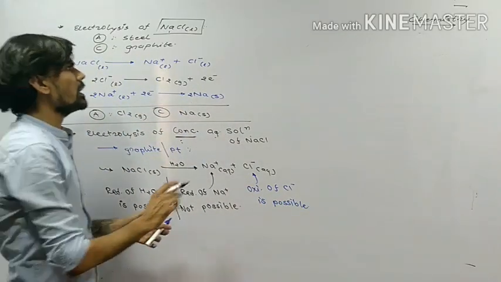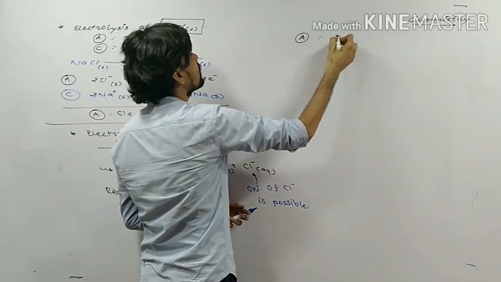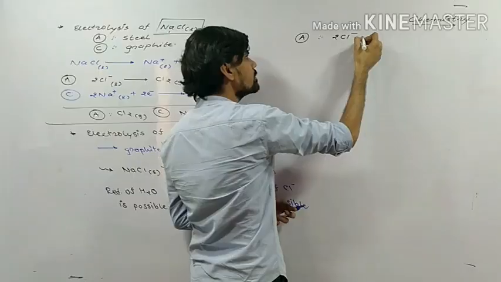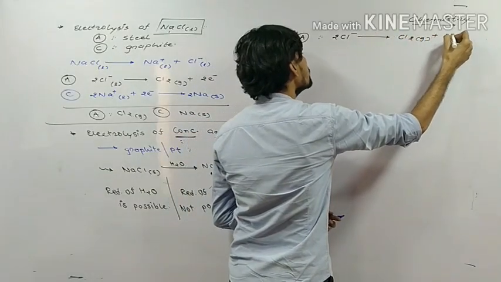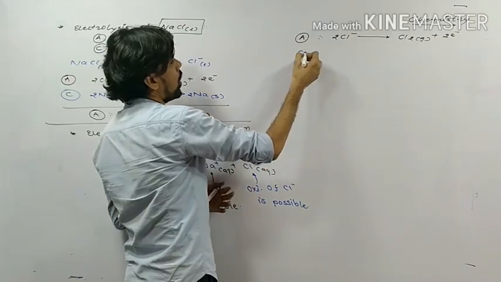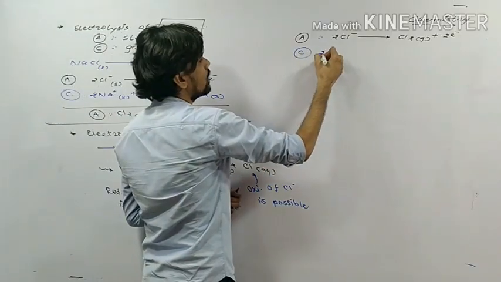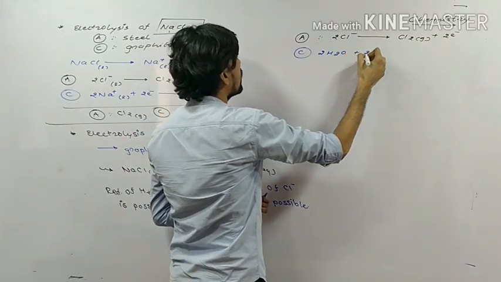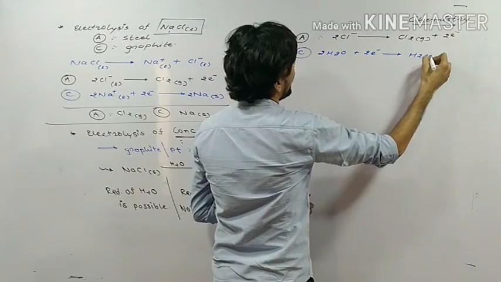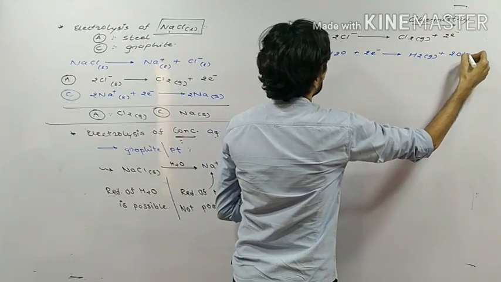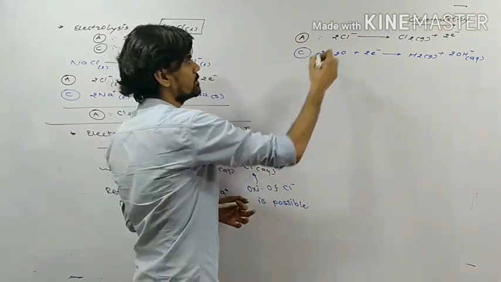If oxidation of Cl- is possible, at anode 2Cl- gives Cl2 gas plus 2 electrons, but on cathode reduction of H2O is possible: 2H2O plus 2 electrons will give H2 gas plus 2OH- aqueous. Okay.